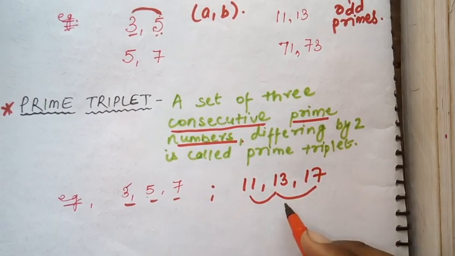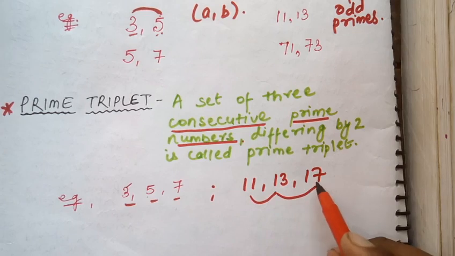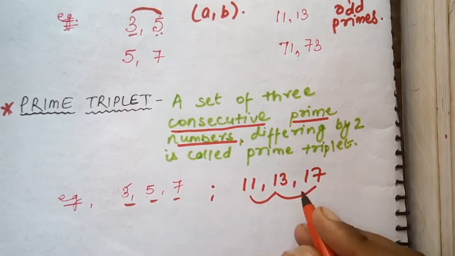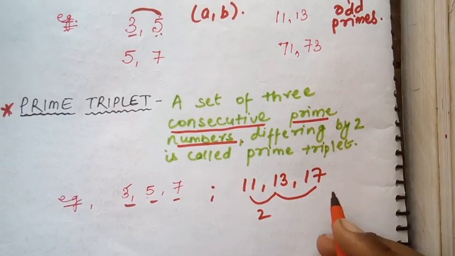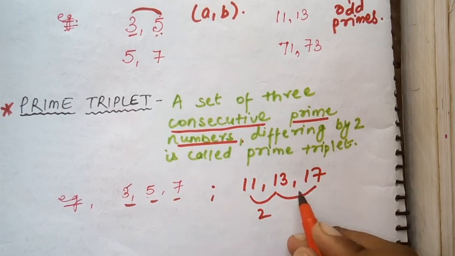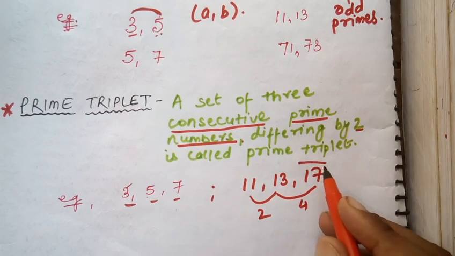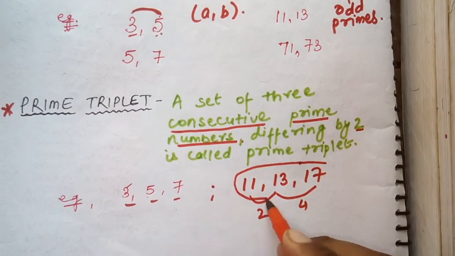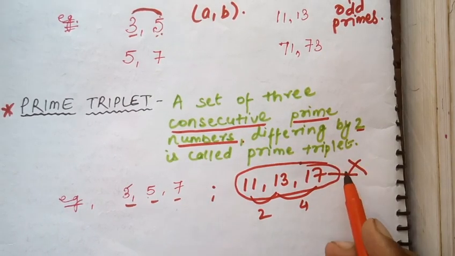These are also consecutive prime numbers, but they are not differing by 2. Here 13 minus 11, the difference is 2, and here 17 minus 13, the difference is 4. Since their difference is not 2, these three numbers are not regarded as prime triplets.